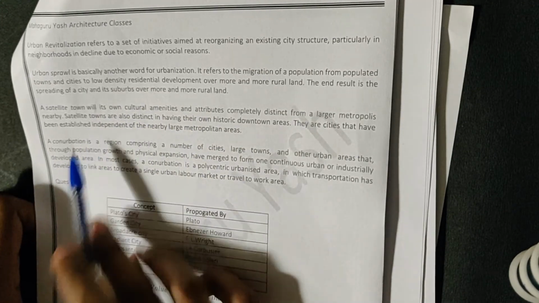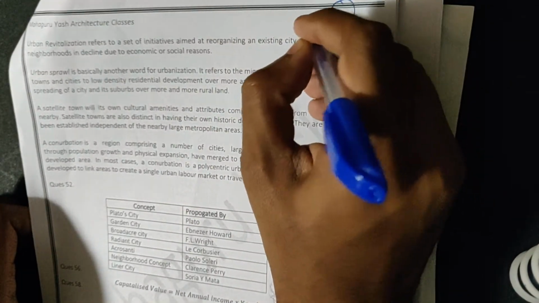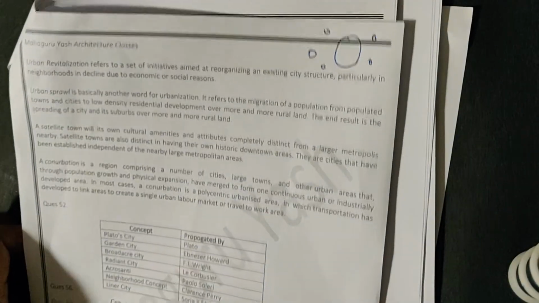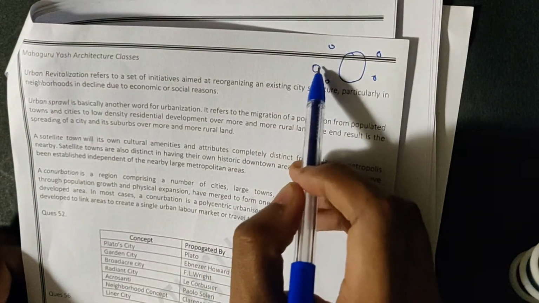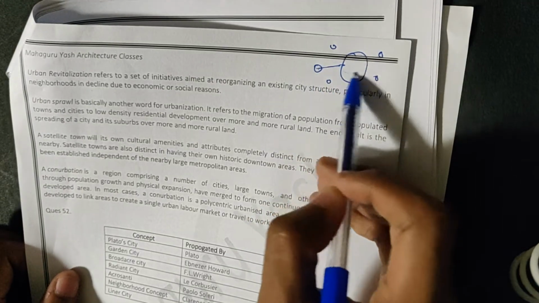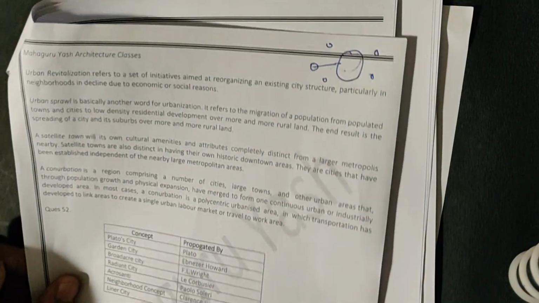What happens is you have a main city and satellite towns around it. Satellite towns are basically your residential units. Everyone in the morning uses public transport to come into the core or parent city and goes back to the satellite towns.